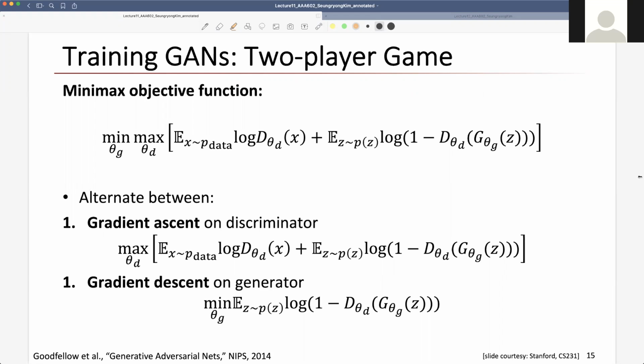네, okay. So let's see the detail of the objective function. Okay, so to recap, the training GAN is the two-player game.